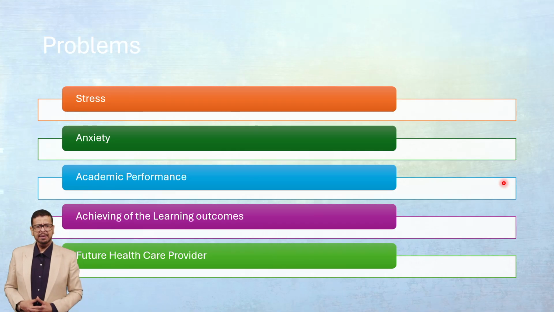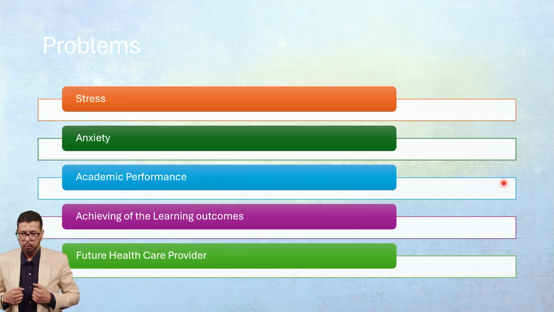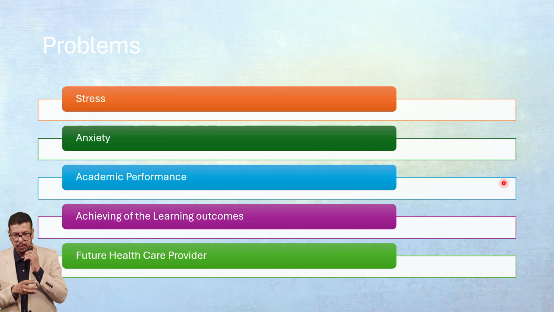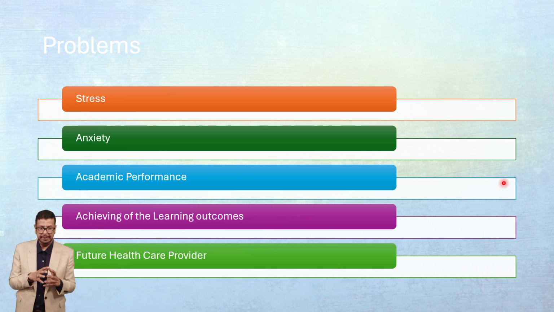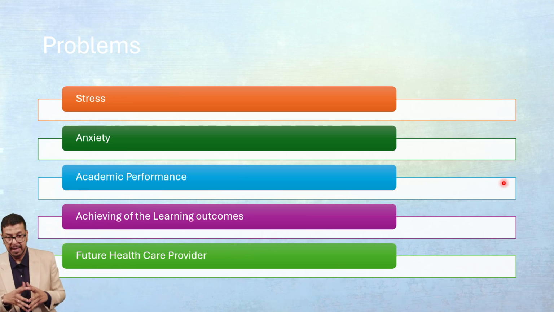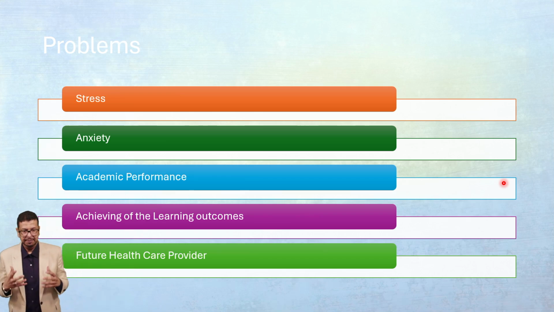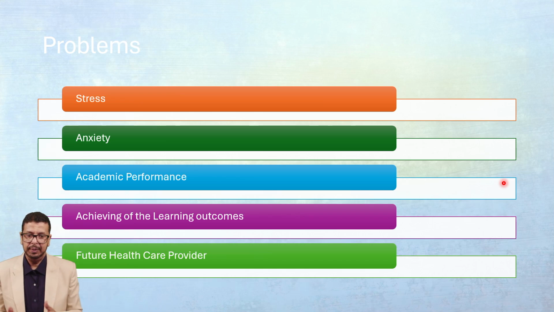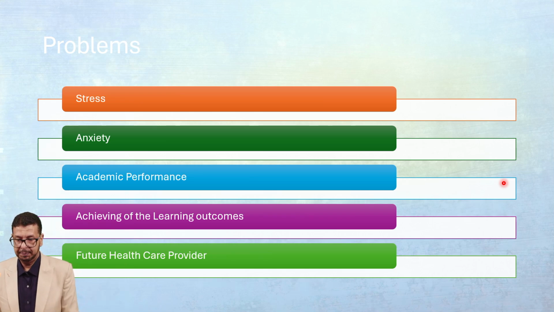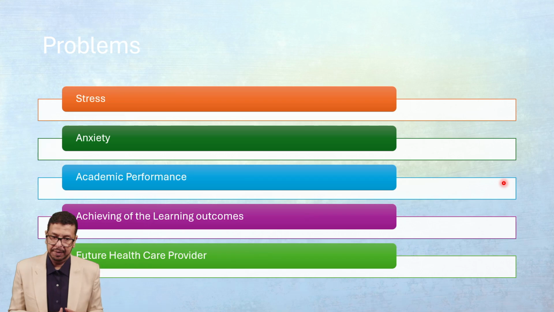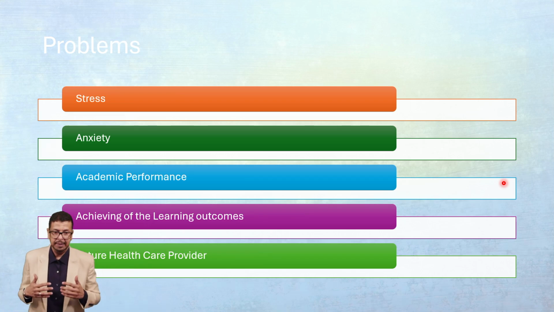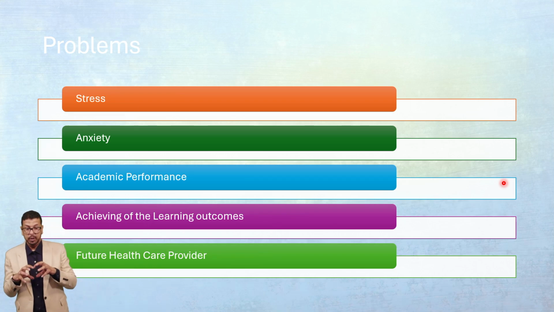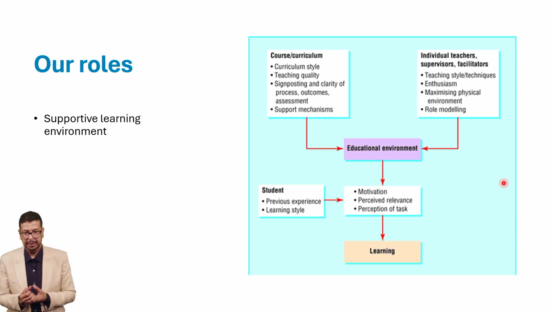And if we don't measure the learning environment accurately and frequently, we may end up with these problems: student stress, anxiety, academic performance may be affected, achievement of the learning outcomes will not take place, and this will definitely lead to problems with the future healthcare providers, because there are many concepts related to professionalism and issues within the hidden curriculum that could be measured with the learning environment.